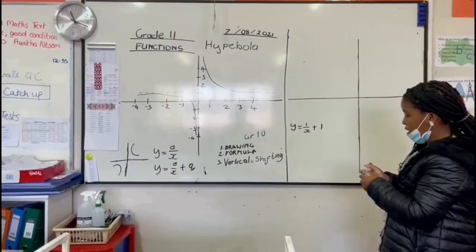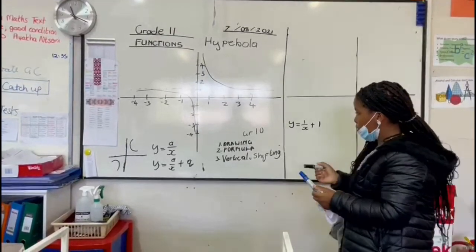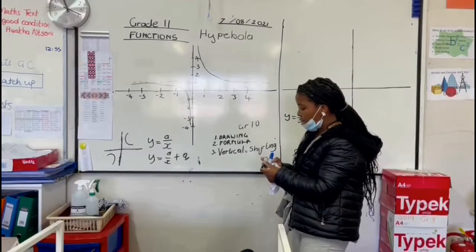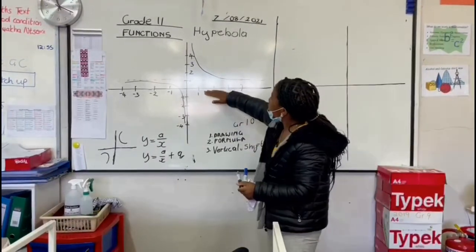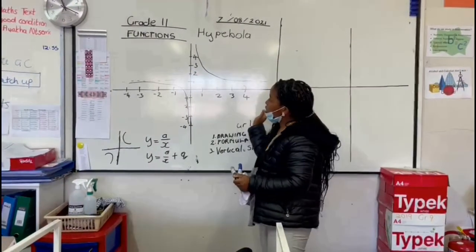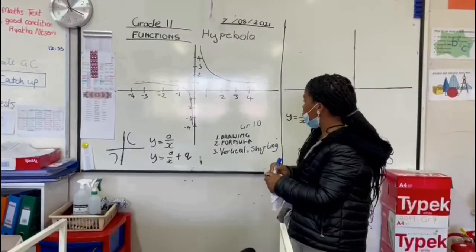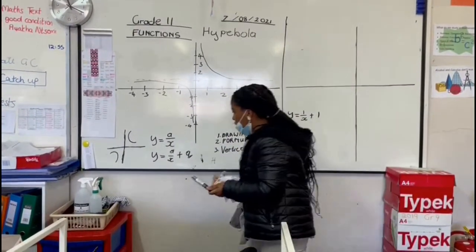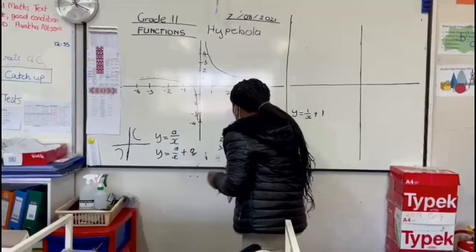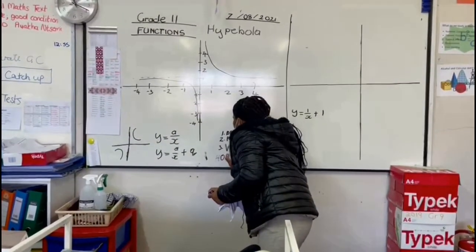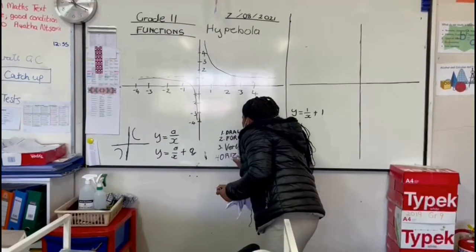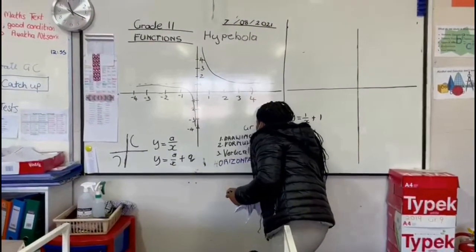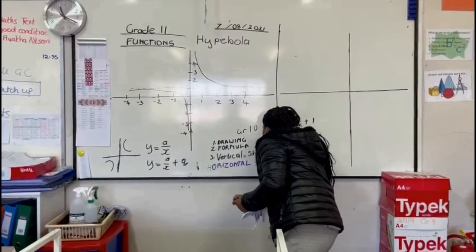So now I'm going to add on to this. Since we shifted up the original graph, we can also represent the horizontal shifting. The new topic we'll be doing is horizontal shifting.